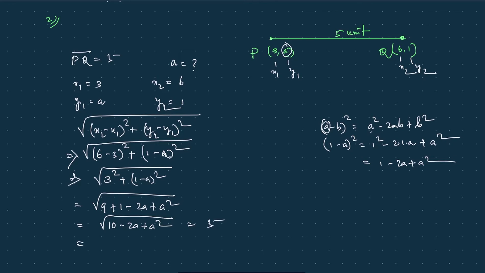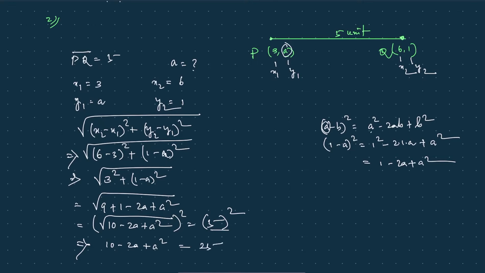Okay. Now I'm going to square both sides. Then the square root and the square will cancel out each other. So it is going to be only 10 minus 2a plus a square, equal to 5 square. What is 5 square? 5 square means 5 into 5. It is equal to 25.